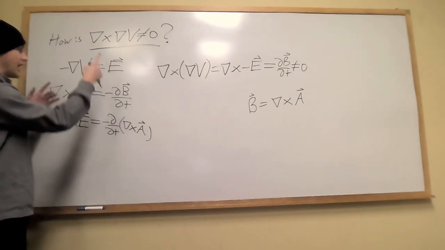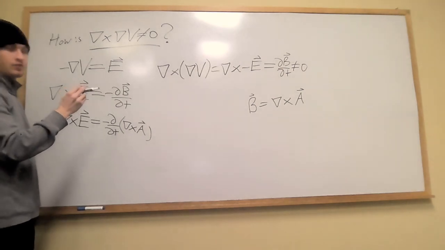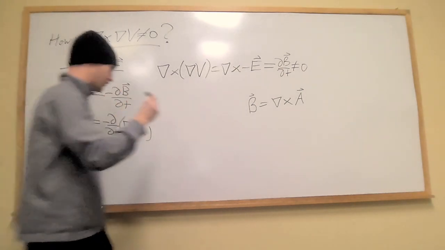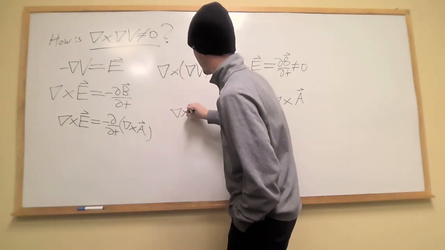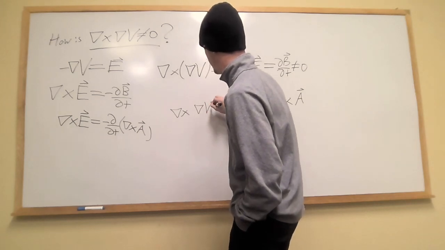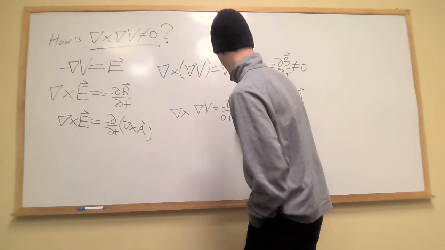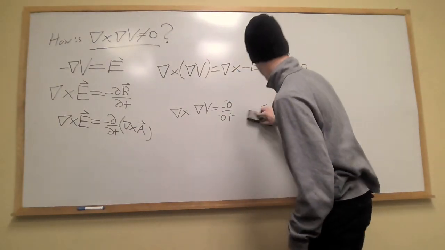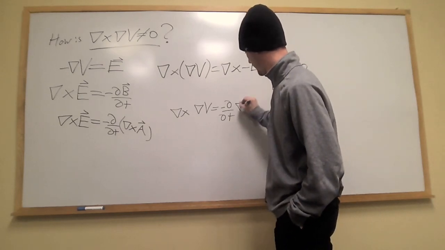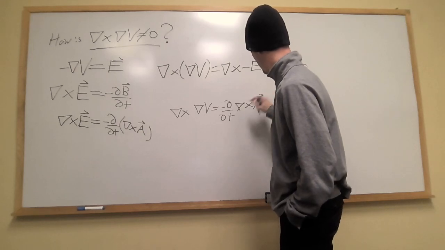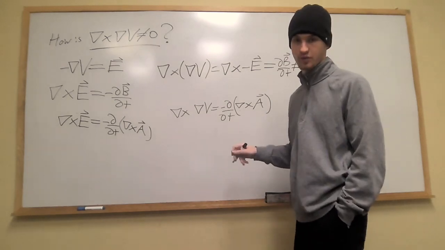Let's start working our way up to why the curl of the gradient of voltage wouldn't be equal to 0. So let's take gradient cross gradient V equals minus partial t of gradient cross A. Well, the interesting thing about this is the spatial derivatives do not care about the order.